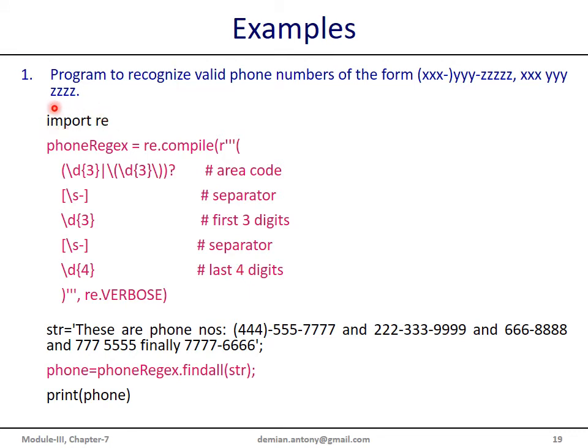We import the library re, and we create the regular expression object by supplying the regular expression for the pattern to the compile method, and we have to recognize the three groups or three sub patterns of the telephone number. First is the area code, then the first 3 digits followed by the last 4 digits.